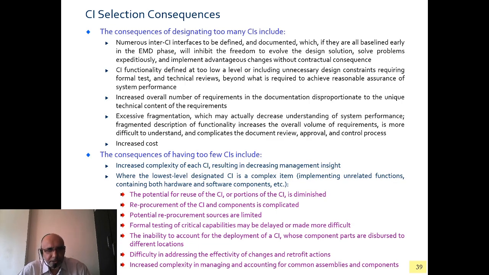With too few CIs, you can finish very quickly, but what is the consequence of that? The consequence is a cheap kind of operational product that might not last for too long a duration. So I suppose that marks the end of this particular session.